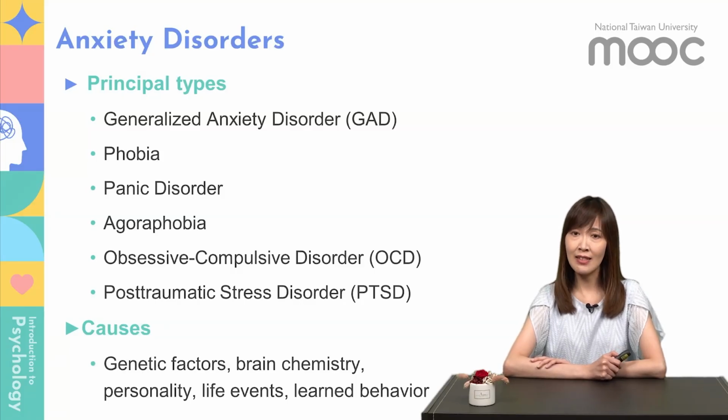And lastly, learned behavior. Research found that if we grew up in an environment with anxiety, then we're more likely to have negative coping mechanisms and also negative thinking patterns. So those are the factors that might contribute to the development of anxiety disorders.